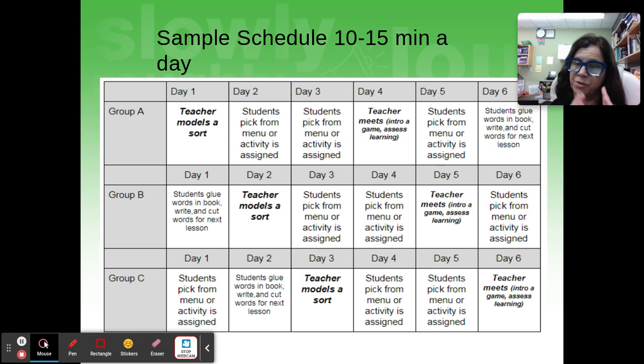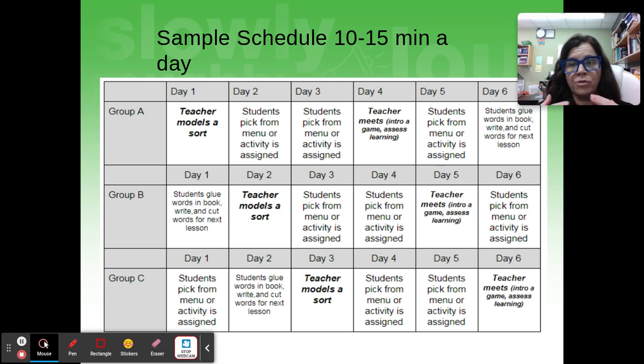So snack time, Mondays would be AB kids get their sorts. And then on Tuesday, the CD kids get their sorts, and AB during snack is doing their sort work. And then, the CD kids are doing the sorts the next day, and I pull ABs again. So it's just really how you play with this.